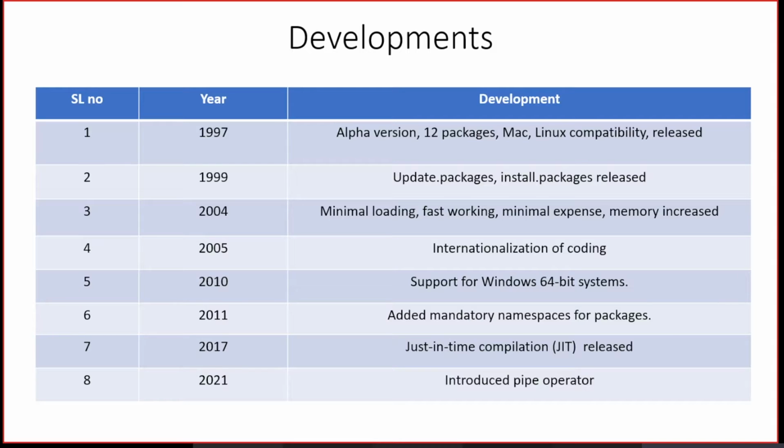So they needed some enhancement in the software. In 1999, they released update.packages and install.packages, which brought a revolution in the R program. We can even say that only after 1999, after getting update.packages and install.packages, R started getting popularized.